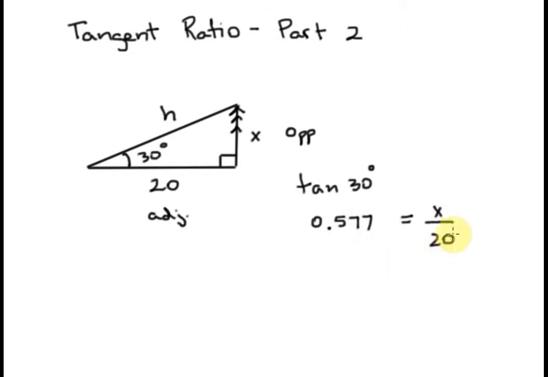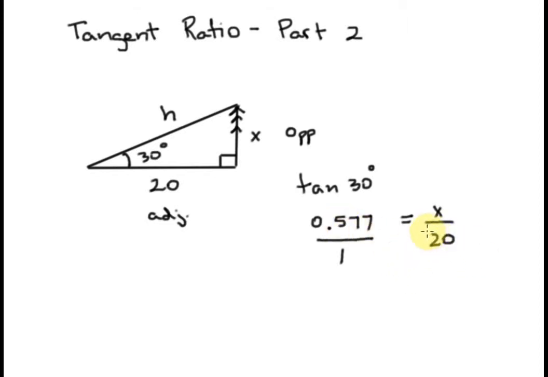Well, what we now have here is a nice little equation that we can go ahead and solve. To solve it, I find the easiest way is to make a fraction of the trig number. So I'm just going to put it over 1. And then it's very easy for me to see what I'm supposed to cross multiply and divide.